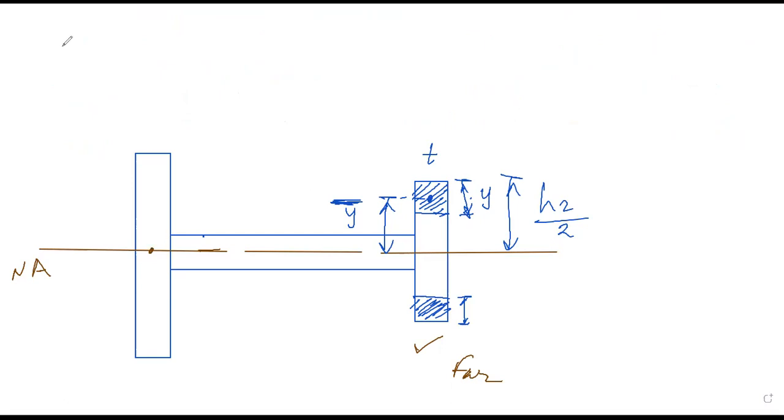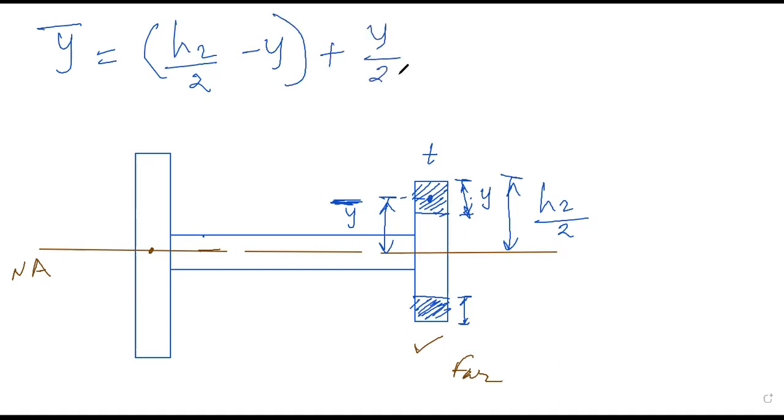So next line, Y bar is equal to h2 by 2 minus Y plus Y by 2. Correct?